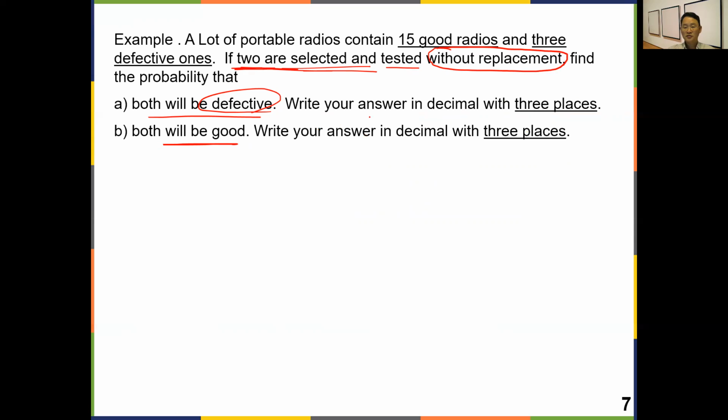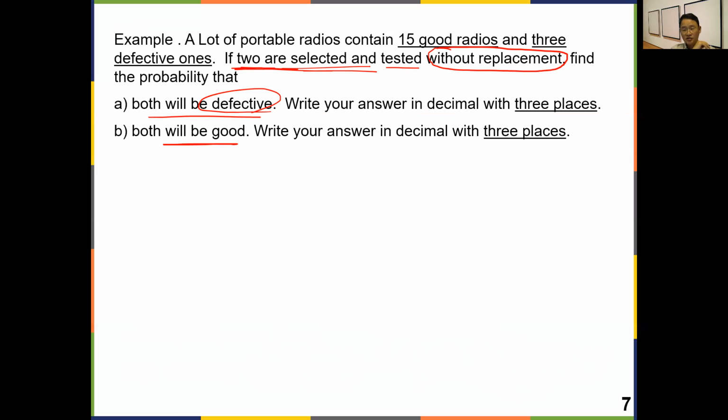Okay, so again, let me give a little bit of time. Think about what you should do, right? Both means the first one and the second one. This is an "and" question, right? If it's an "and" question, the multiplication rule applies.